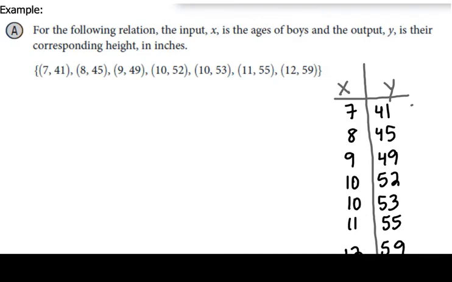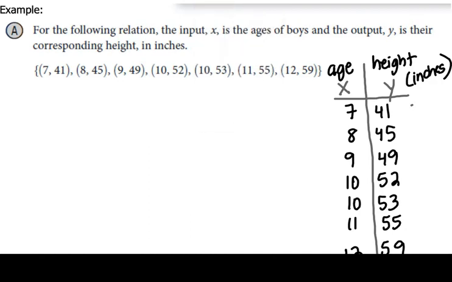So this is another way that you can show your relation. X is my age in years of boys and y is my corresponding height in inches. I also like to use a highlighter.